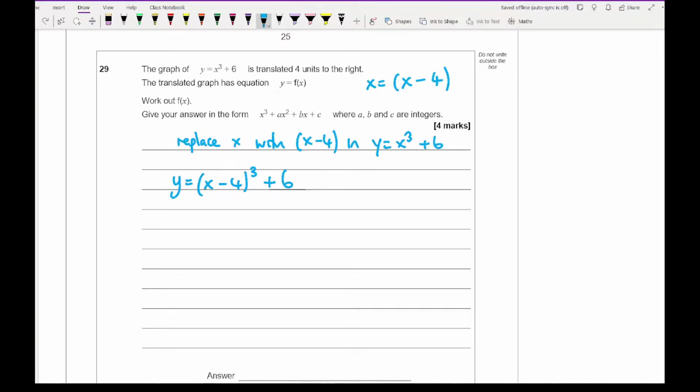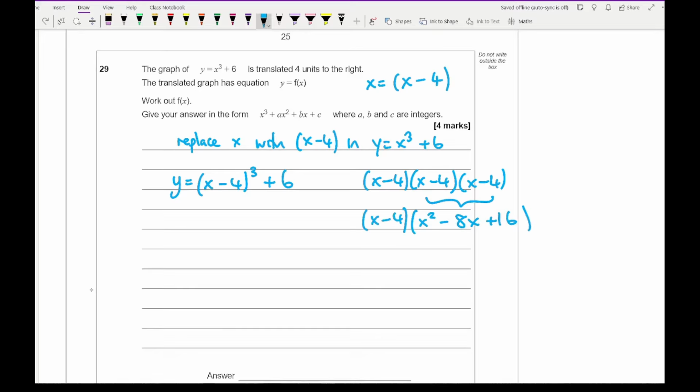Then if I expand this out, which is x minus 4, x minus 4, x minus 4, actually let's expand the other two first to make it easier. I end up with x squared minus 8x plus 16, and that's times x minus 4.